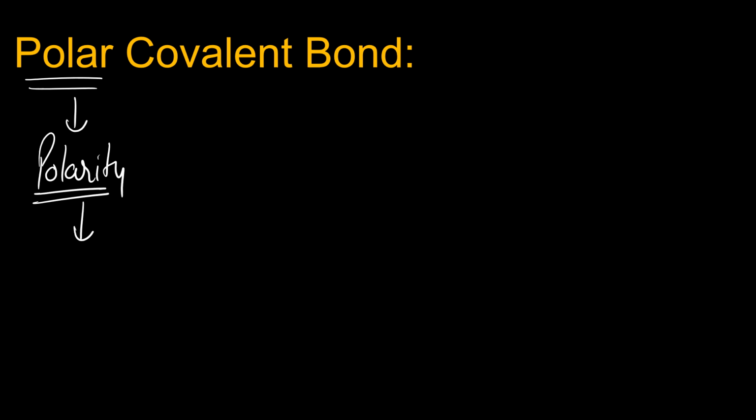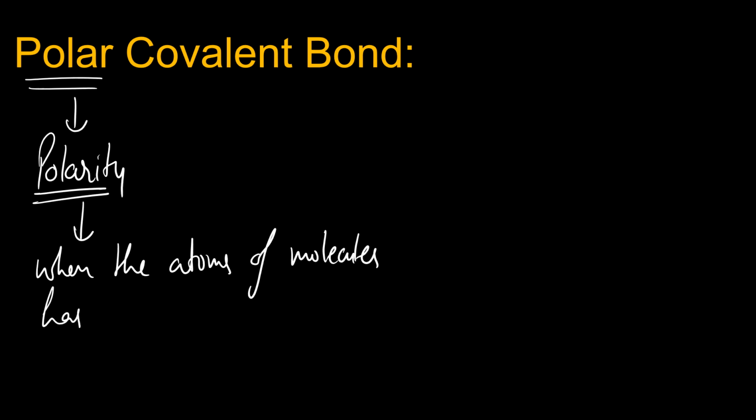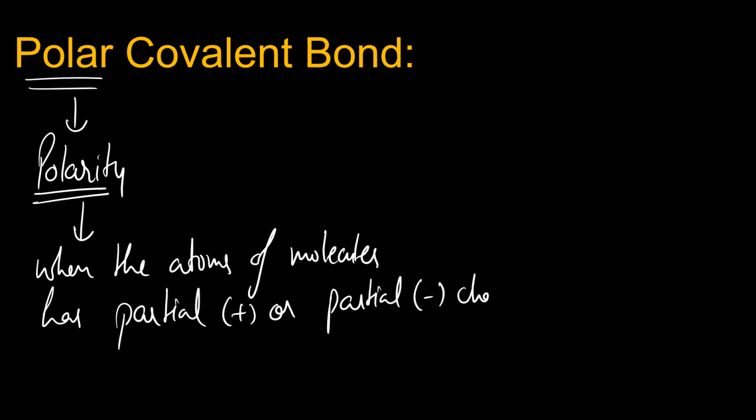Now let's start with the polar covalent bond, but before that let's discuss the meaning of polar. What's the meaning of polar? It explains the polarity of a covalent bond. When do we see the polarity of a covalent bond? When the atoms of the molecule have partial positive or partial negative charges.